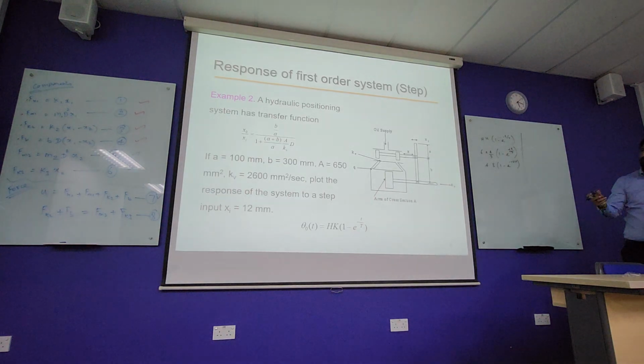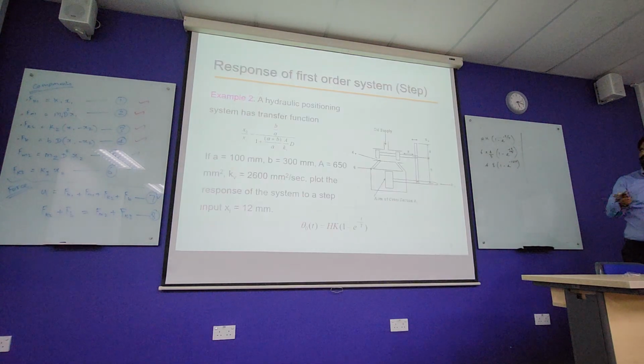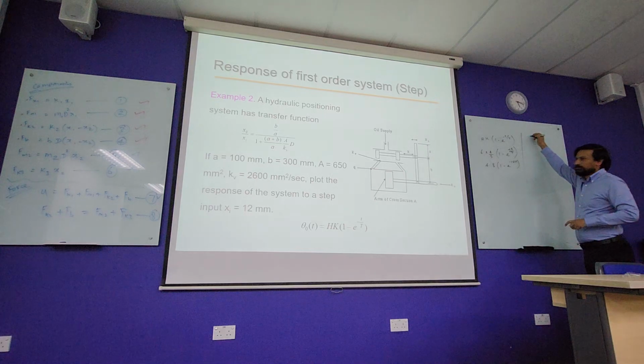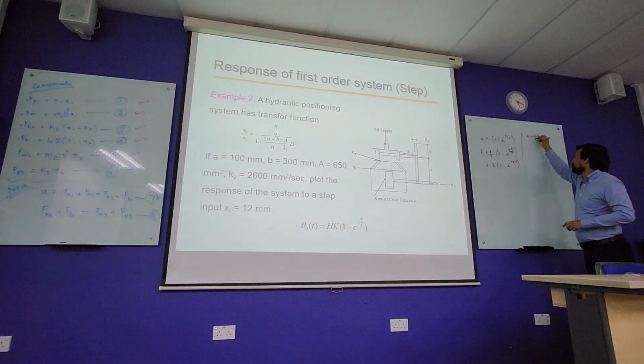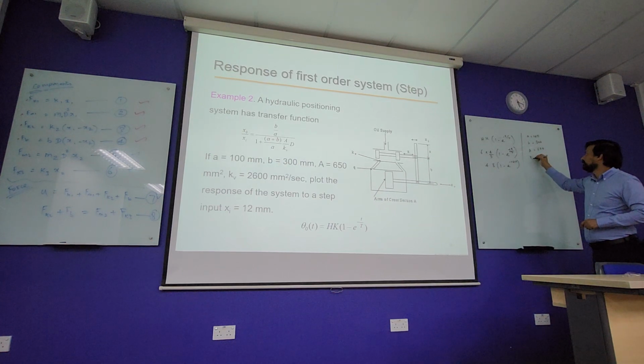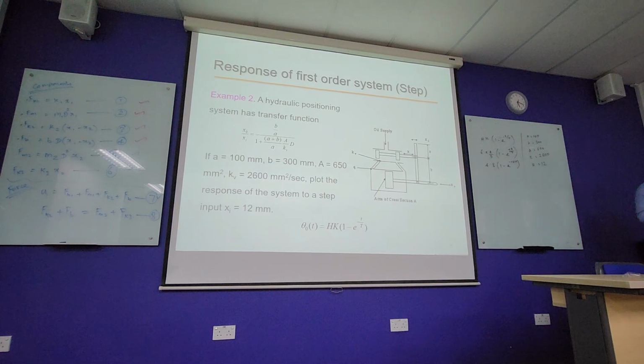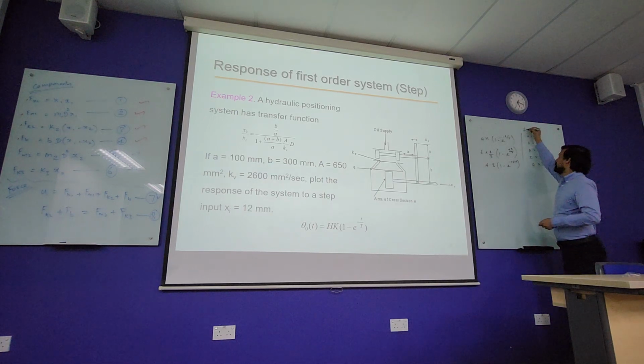I don't have the answer for it, okay, let's do it. Over here A is 100, B is 300, capital A is 650, 2600, whereas H is 12. That's the numbers given for your second question.